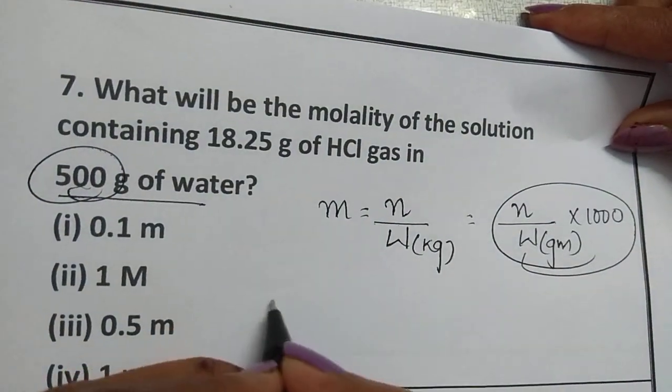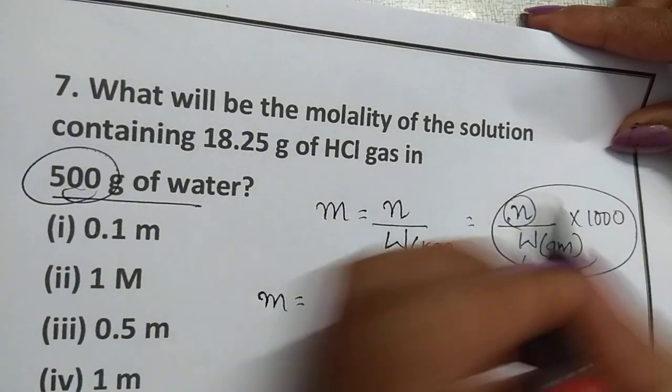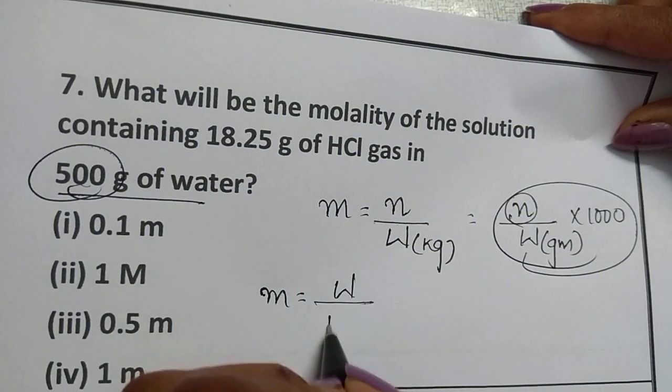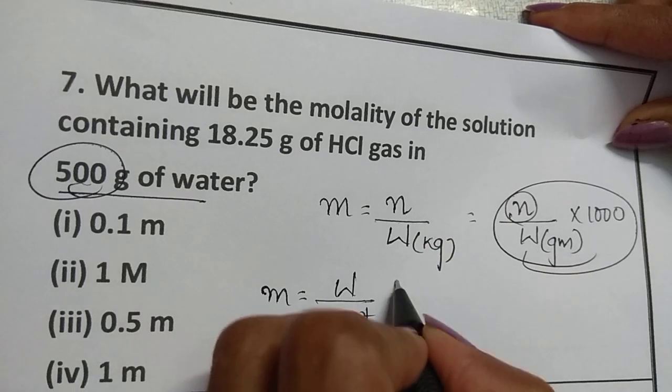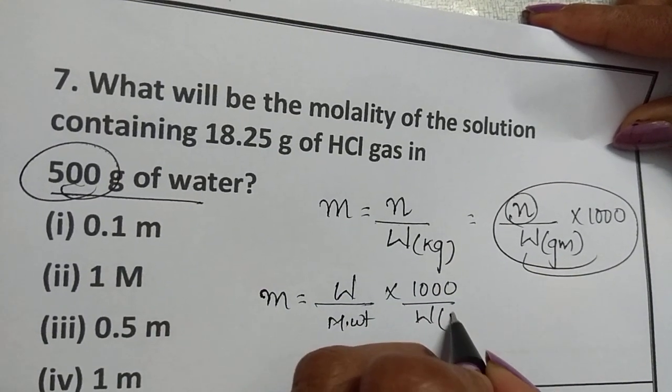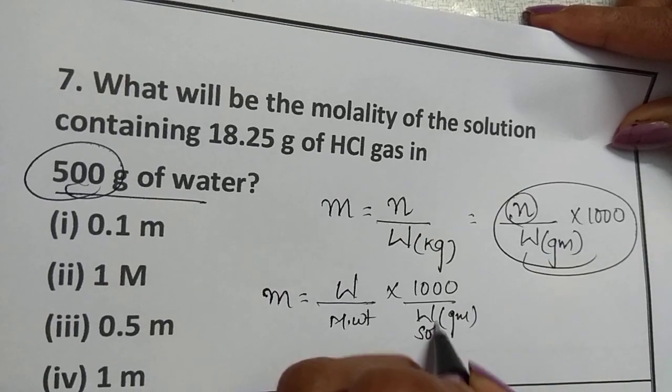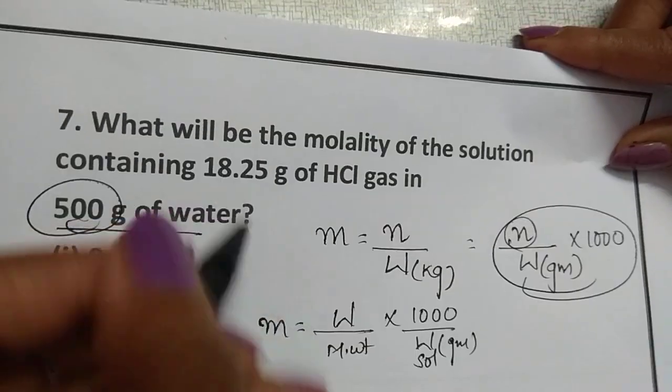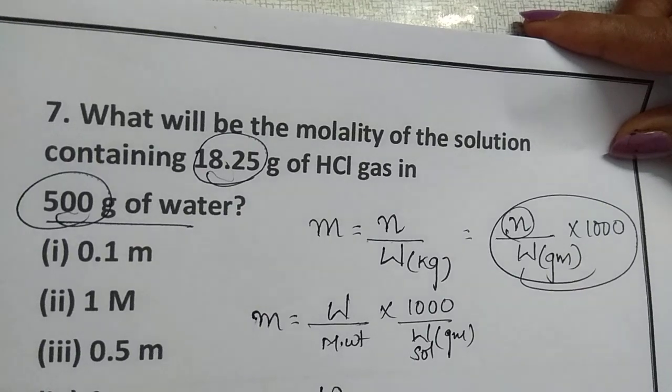So molality is equal to number of moles. How to calculate? Weight by molecular weight into 1000 by W in grams. This W gram is the solvent weight. Weight of solute, how much is given? 18.25.